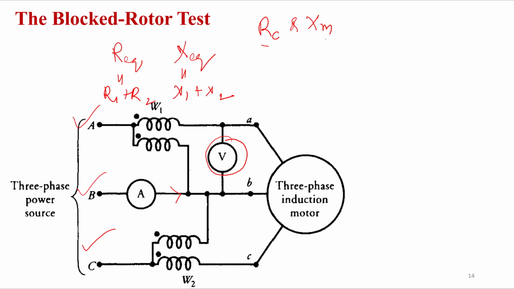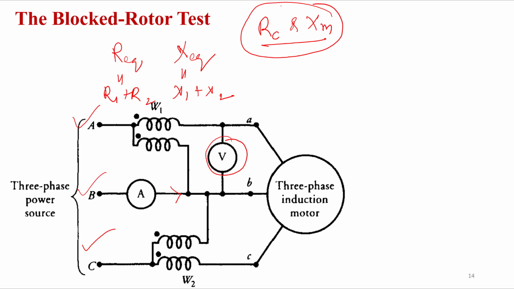RC and XM cannot be found from this test. Why? Because the voltage applied during Blocked-Rotor condition is very small, and because of that, the current flowing in the parallel branch will be very less, through which we cannot determine the actual values, right? So therefore it cannot be determined through the Blocked-Rotor test.